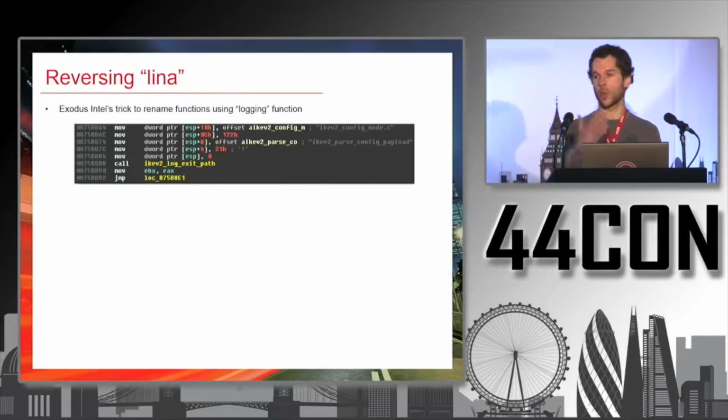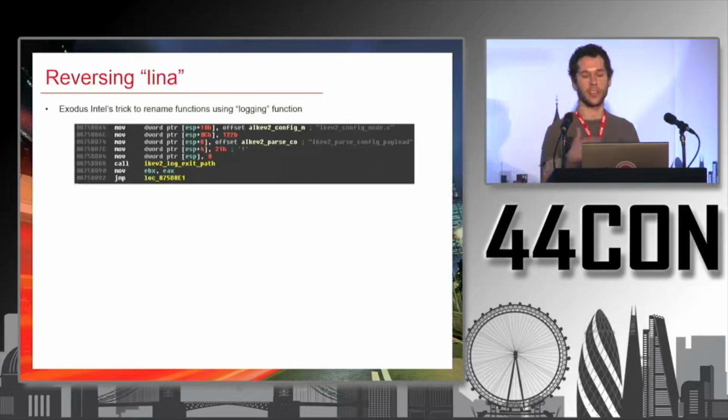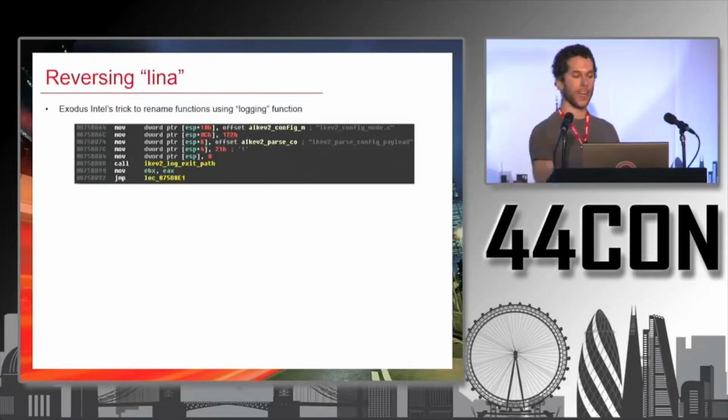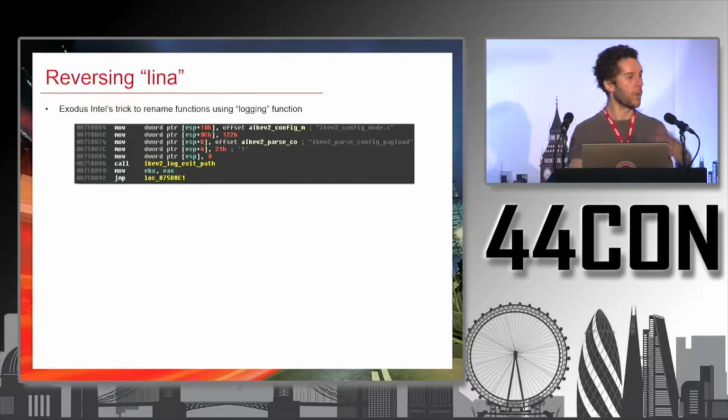The name of the function calling the logging function is passed to it. In this case, IKEv2 parse config payload is calling the logging function. So we know that the function calling IKEv2 log exit path is IKEv2 parse config payload. So we can script things to rename a bunch of functions.